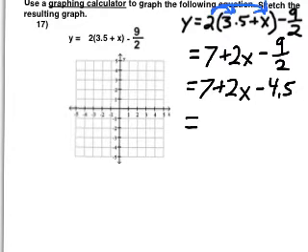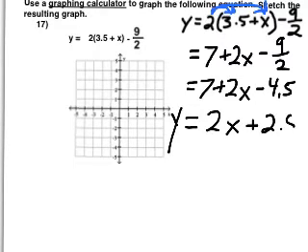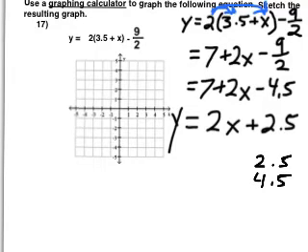So we're going to have y equals 2x plus 2.5. You can see here that if I add 2.5 plus 4.5, we get 7, right?